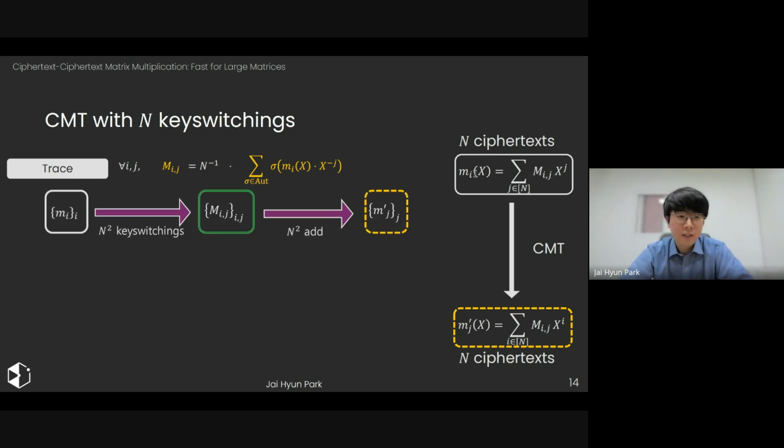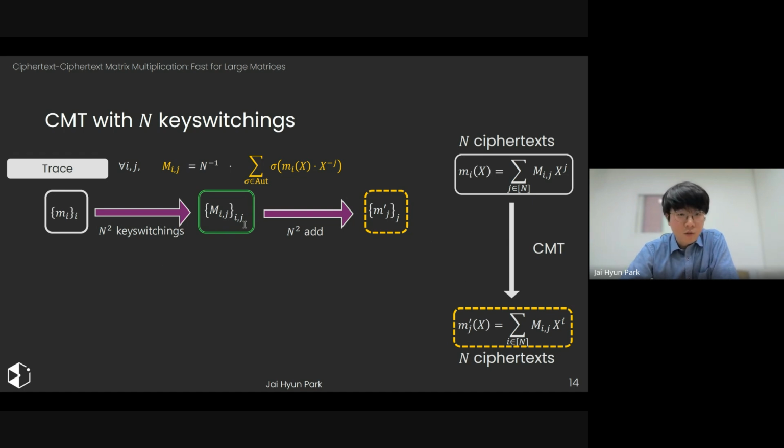So this already gives you a way to do CMT. For example, you can first do n-square key switchings to extract all the coefficients M_ij, and then rearrange them, adding M_ij in the right order to get the column-wise encryption M_j prime. But obviously this is not good because there are n-square key switchings involved. So this is possible but not efficient.